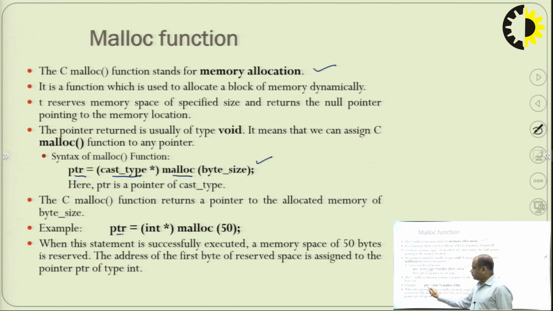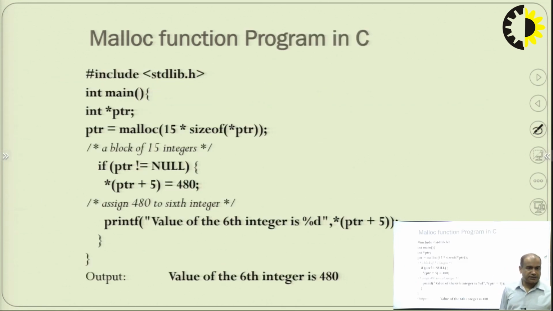How do we use it? int star pointer equals malloc of 50 into 4, which means 200 bytes of memory will be allocated. One important thing: when this statement is successfully executed, a memory space is reserved, and the address of the first byte is assigned to the pointer of type int. This is how we use malloc in our program.